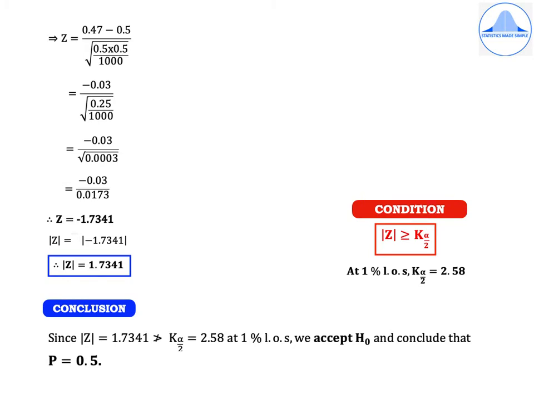You know that the modulus of a negative number will become positive. So you have mod z is 1.7341. Conclusion: since mod z is 1.7341, this is not greater than k alpha by 2, which is equal to 2.58. At 5% level of significance, we accept H naught and conclude that capital P is equal to 0.5.